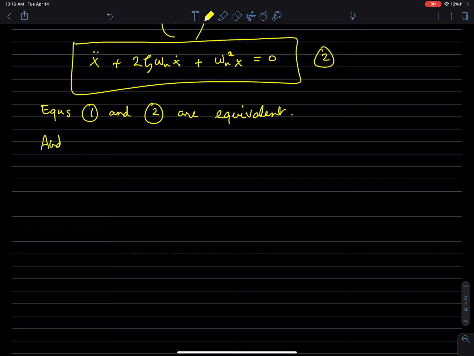and we've just replaced m, c, and k in terms of zeta and omega n.